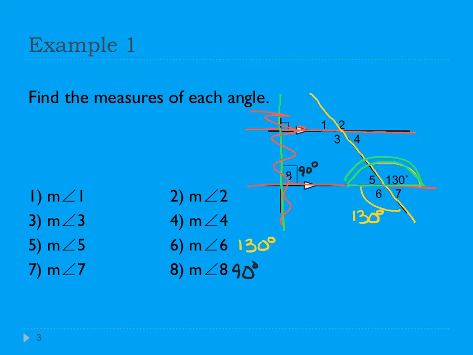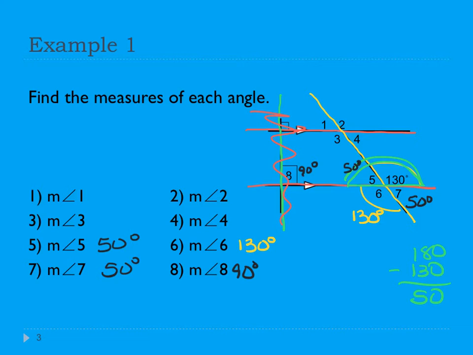So what I can do here is subtract from 180 to get the measure of angle 5. 180 minus 130, and I get 50. So the measure of angle 5 is 50 degrees, which is also vertical to 7. So 5 and 7 are both 50 degrees.